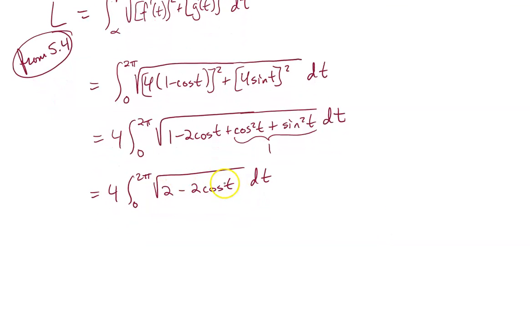Okay, this is almost exactly the same as the half angle identity for sine squared. So just as a reminder, sine squared of t is 1/2 times 1 minus cosine of 2t. Okay, and so I can factor a 2 out of there, or another way to look at it would be I can rewrite this by multiplying and dividing by 4 on the inside.